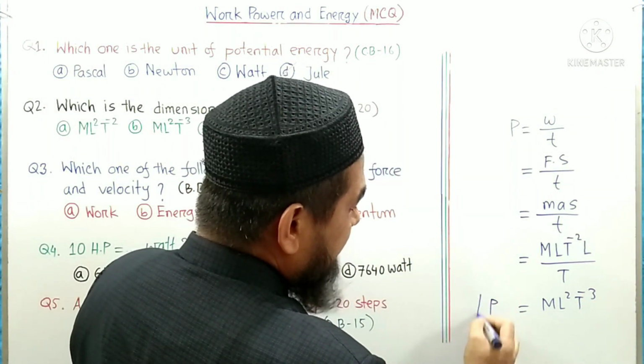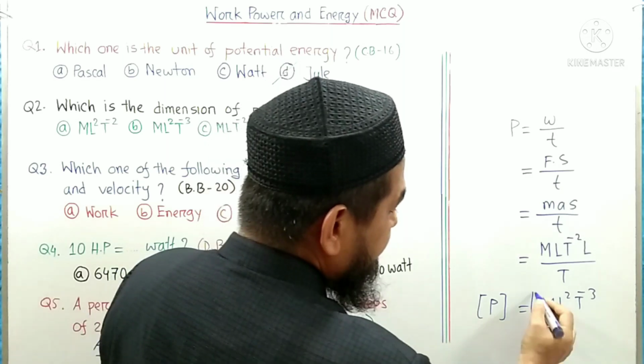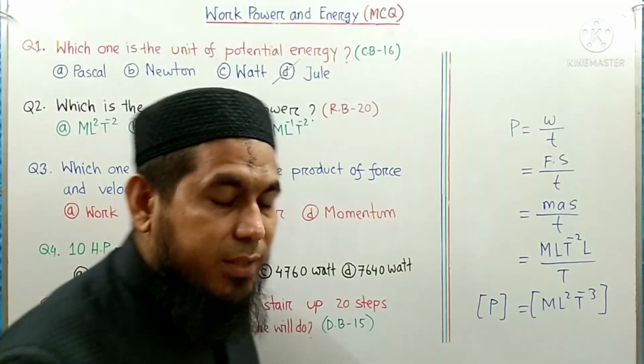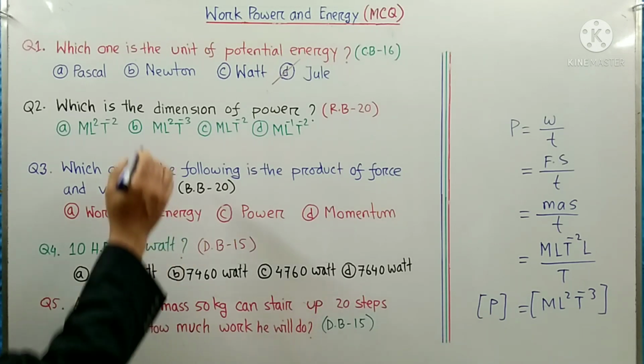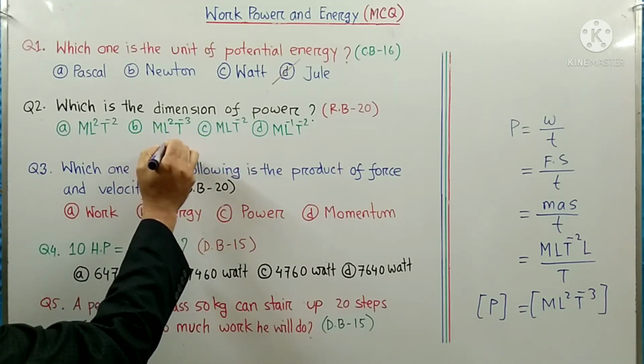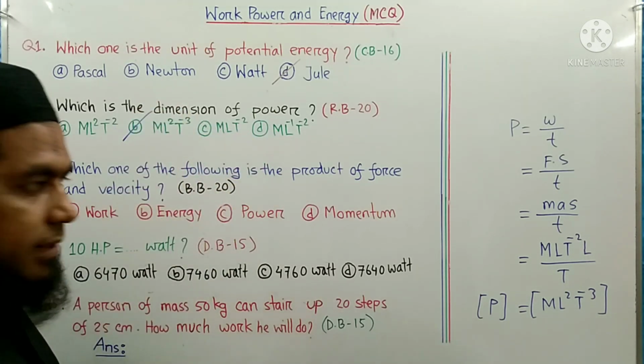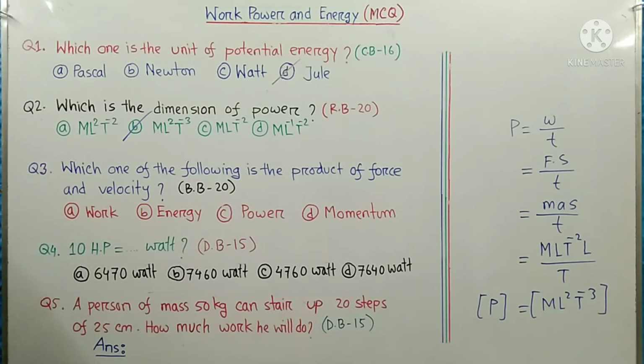So this is the dimension of power. So dear students, our result is the dimension of power M L square T inverse 3. This is our result. Next one.